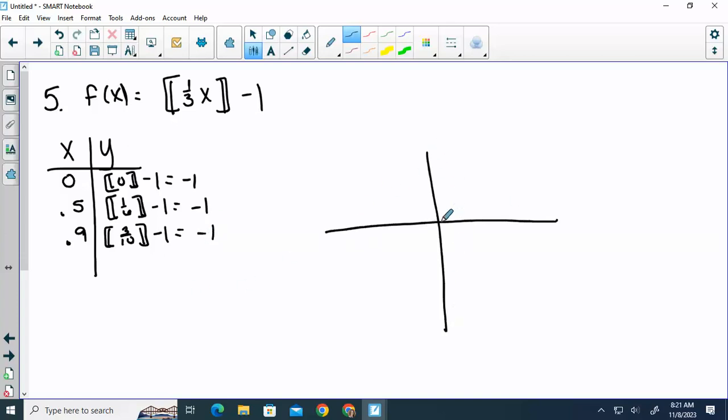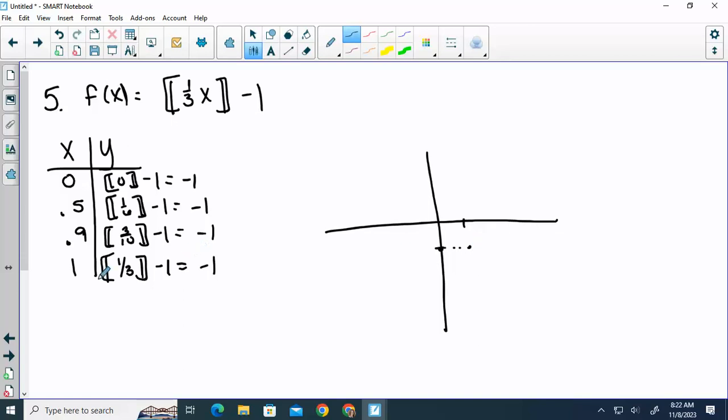No. So if I put in 0, we got negative 1. If I put in 0.5, 0.9, I'm still down here. A lot of times when we plugged in 1, we got it. So if I did 1/3 times 1, that's still 1/3 minus 1. Greatest integer of 1/3, and 0 minus 1 is negative 1. So we still haven't got it.